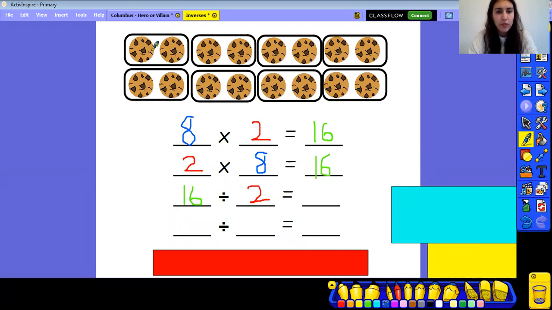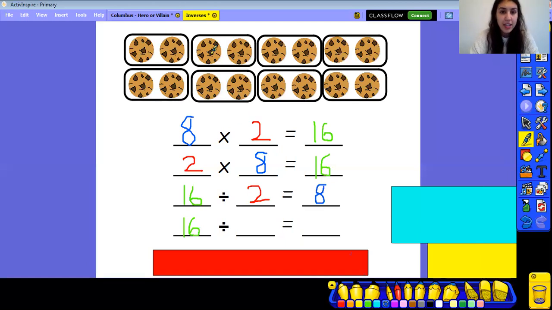Well, I get 1 group of 2, 2 groups of 2, 3 groups of 2, 4 groups of 2, 5 groups of 2, 6 groups of 2, 7 groups of 2, 8 groups of 2. But remember, we can look at division in also the context of sharing. So I could say that I've got 16 cookies, and instead of saying that they've been grouped, I could say that they've been shared.